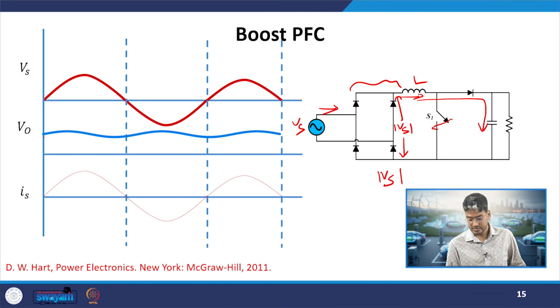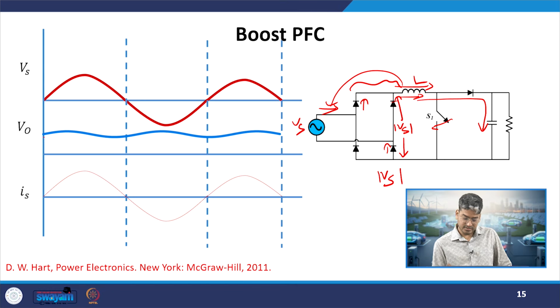The switch is closed, so it has to see the source current which has to flow through the inductor, because the source and your inductor will be in series when the switch S1 is closed. Okay. So, if you are in the positive half cycle, these two devices will be in the conduction mode. When we are in the negative half cycle, the other two devices will be in the conduction mode, but this IL will be drawn from the source, okay, irrespective of the positive or negative half cycle.